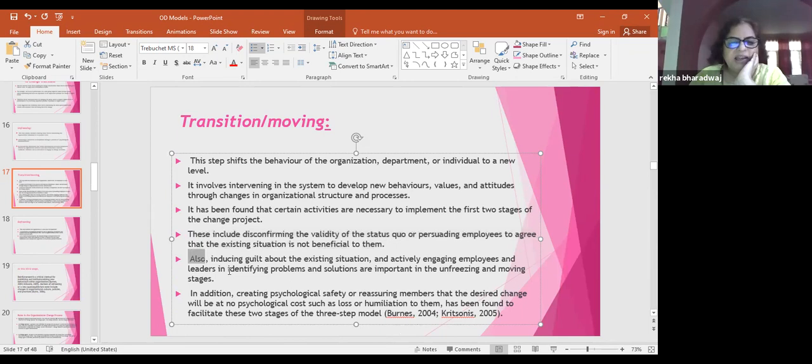Also, inducing guilt about the existing situation and actively engaging employees and leaders in identifying problems and solutions. They are most important in the unfreezing and moving stages.